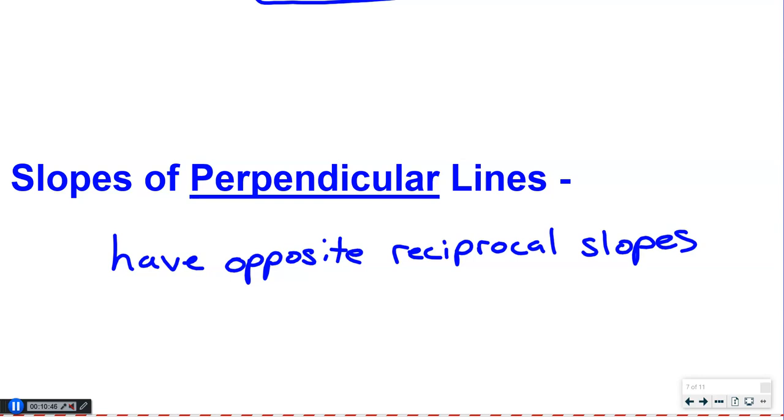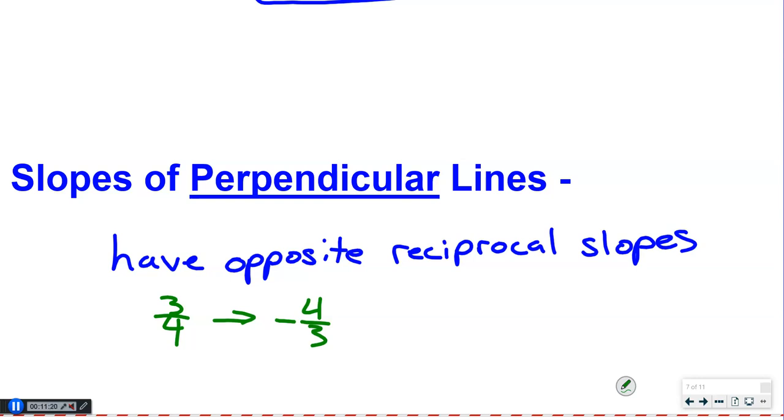If one slope is, let's say, 3 over 4, the opposite reciprocal of that, opposite meaning opposite sign, so we know it has to be negative, and the reciprocal is flipping the position of top and bottom. The opposite reciprocal of 3/4 would be negative 4/3.